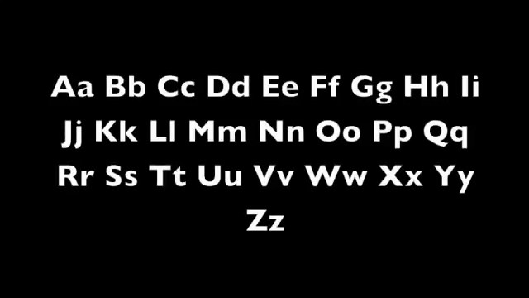Okay, so again, faster: A, B, C, D, E, F, G, H, I, J, K, L, M, N, O, P, Q, R, S, T, U, V, W, X, Y, Z.